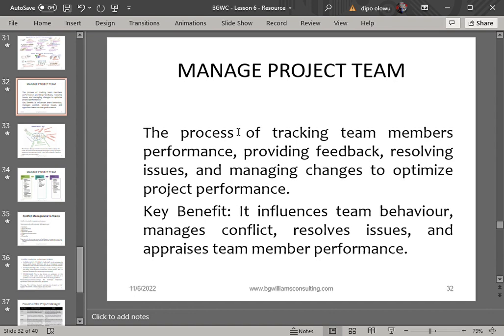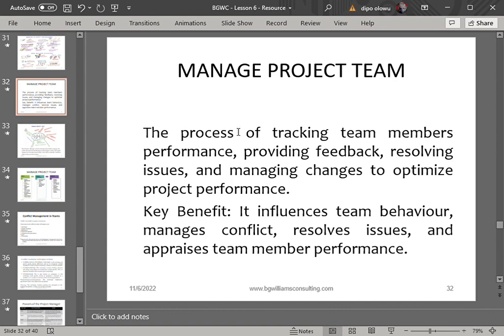So in a nutshell, manage project team is focused on the individual, because the individuals make up the team, and you want to check what their performance is. Is this person, Kunle, in my team, performing as expected? Is he delivering? Or has there been an issue? Is he having a fight with any team member?